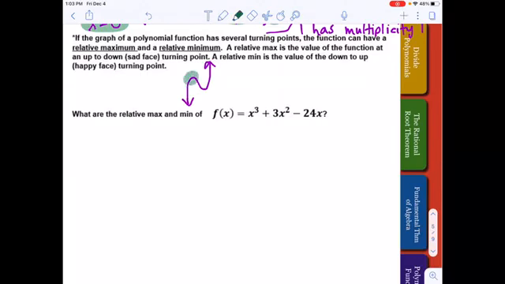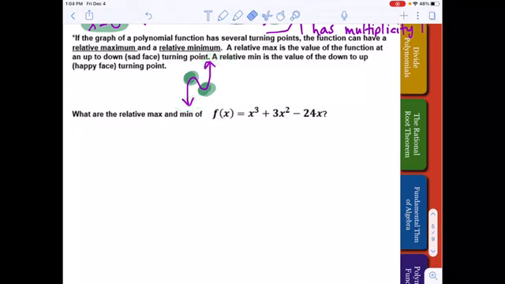This point here would be a relative maximum, while a relative minimum is the value at the down to up, or a happy face. That is not saying it's the absolute max or the absolute min, because this continues more maximum and it continues more minimum.